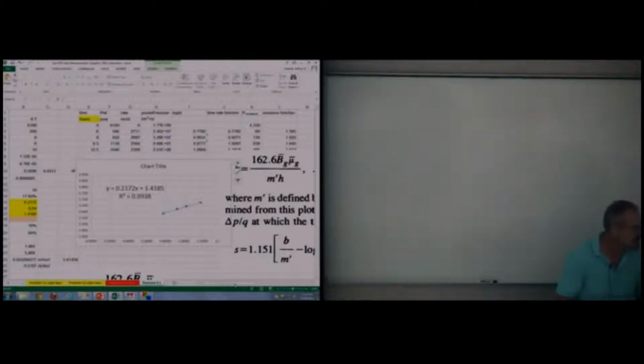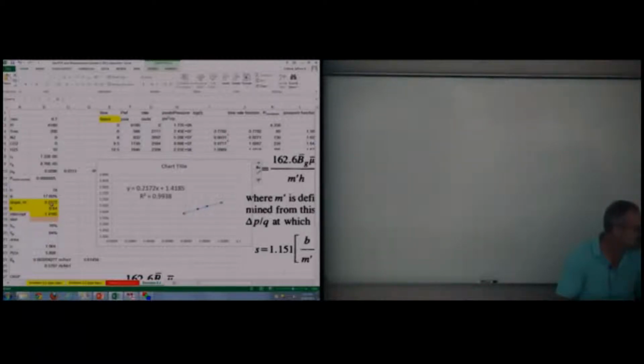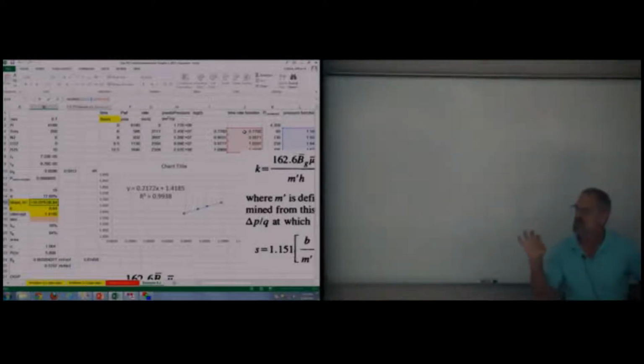Now, I think I've already gotten the slope. And you see this matches my regression line, 2172, 2172, and I got it using the VB function of the known y's in blue, the pressure function, and the known x's, the time rate function. Now I'm going to do the same thing for the intercept.